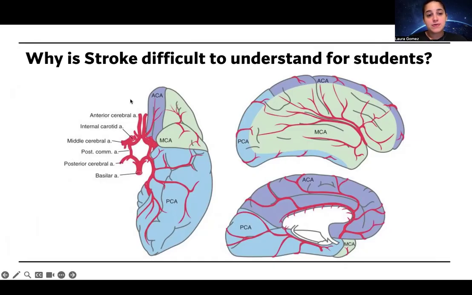We are also going to see strokes presented in the cerebellar area, anterior, middle, and posterior cerebellar. These patients are going to have a lot of headaches, sensory issues, vomiting, fevers, issues with balance, and dizziness.